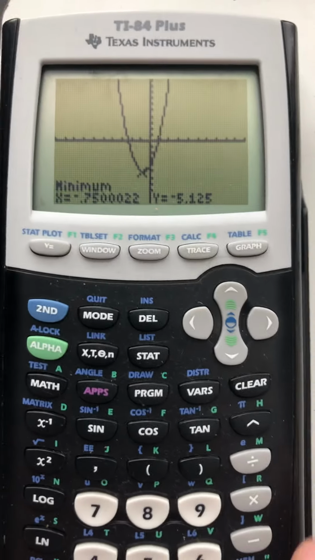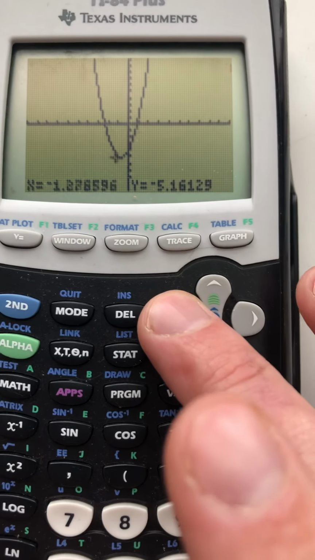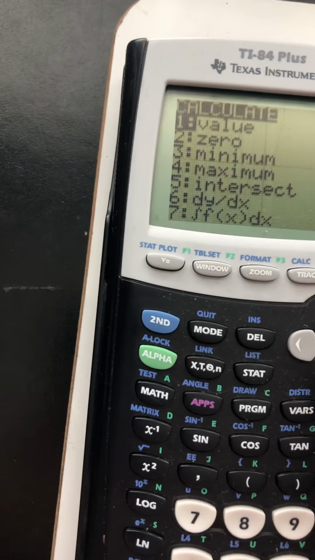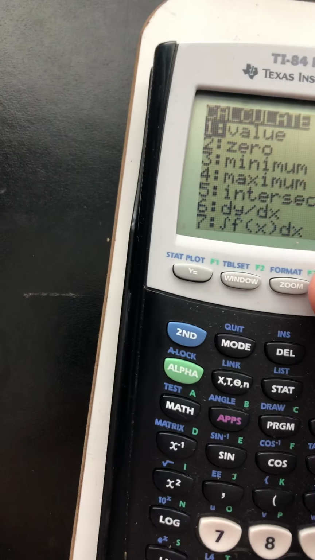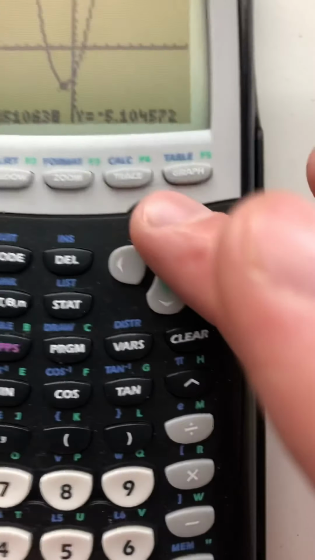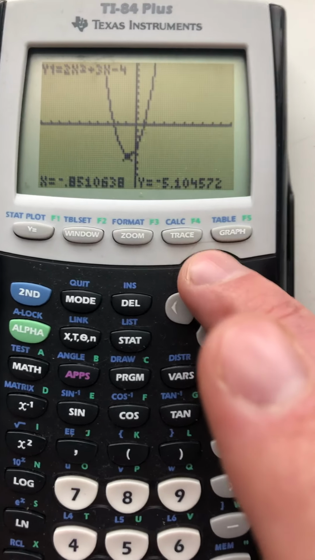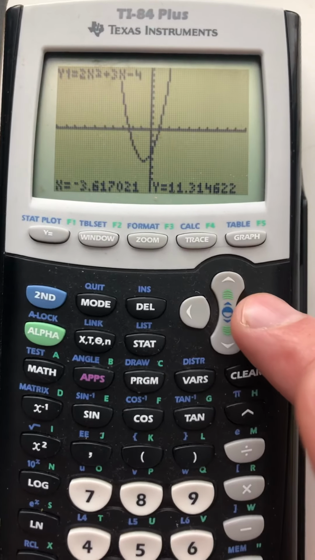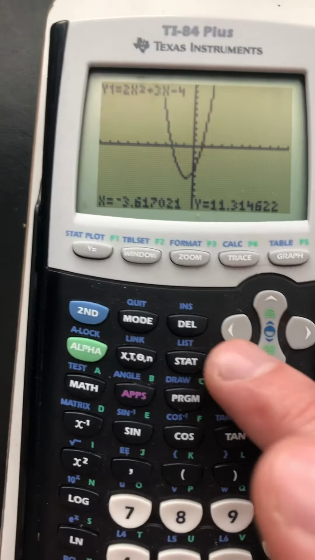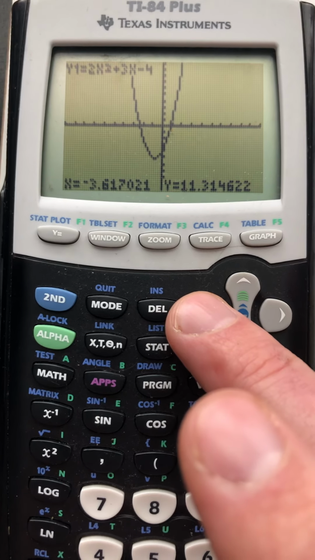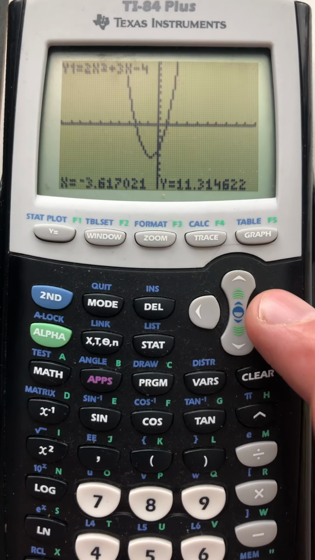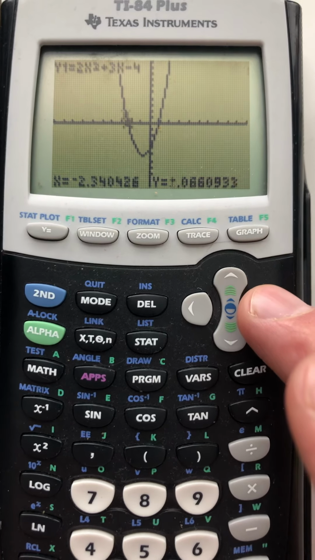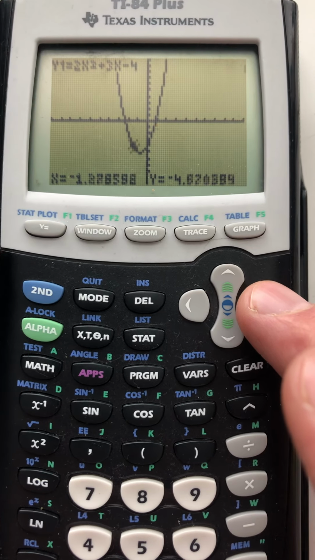Now, as we look at the graph, I'm just going to trace along the graph. Let's go to trace. Okay, so we've hit trace, and you'll see that I can trace along this graph. I'm up here at the top. We know that this graph is going to continue from positive infinity, all the way down to this local minimum point.